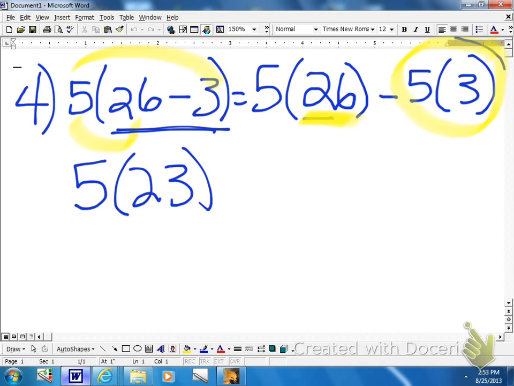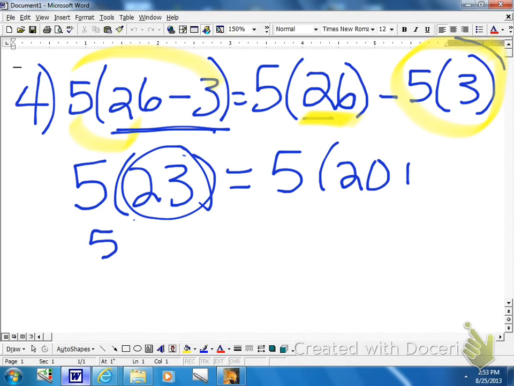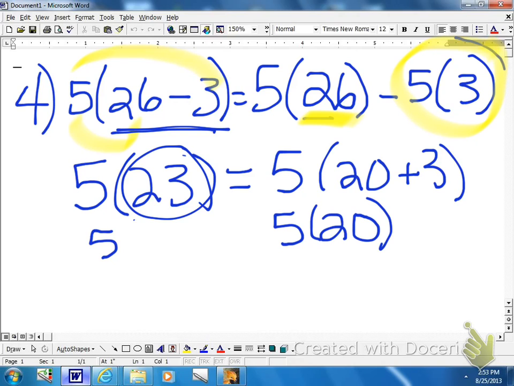And we're using our mental math. Now I can multiply 5 times 23, or I can go ahead and distribute that. Let me write it over here: equals 5 times, break this 23 up, 5 times 20 plus 3, or I can write it as 5 times 20 plus 5 times 3.